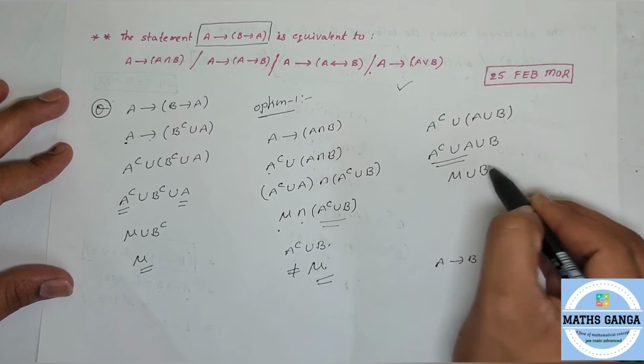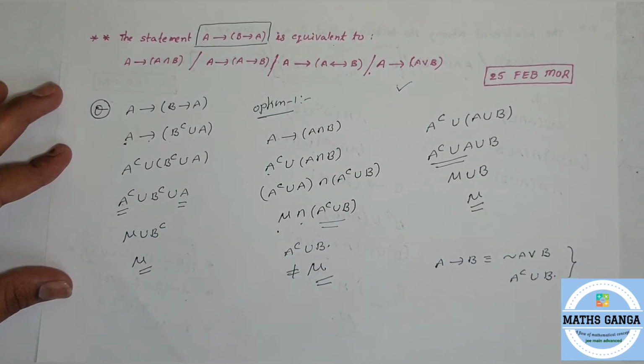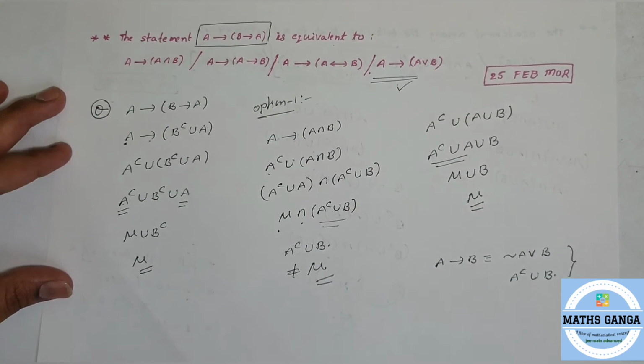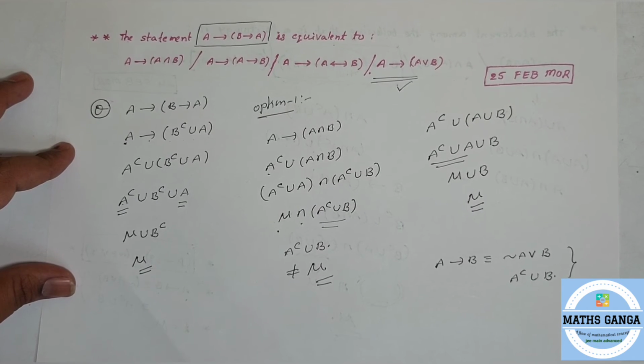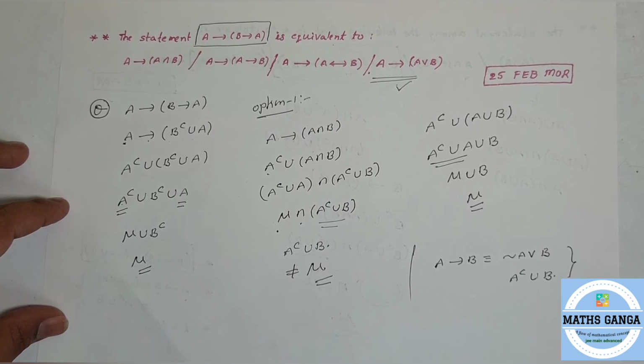Universal set union B is again the universal set. So option 4 is again equivalent with the universal set. So directly now it is easy to decide option 4 is our answer. So no need to check option 2 and 3. If you wish, just check them using the same law, right? And now our answer for the given problem is option 4.